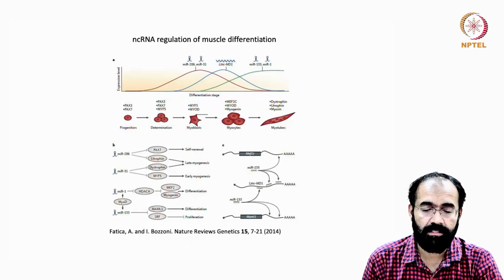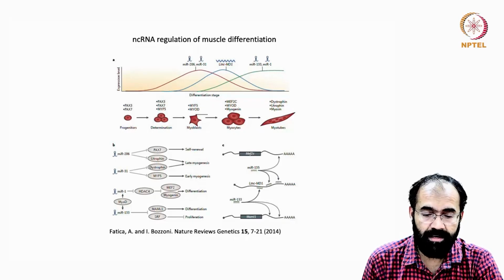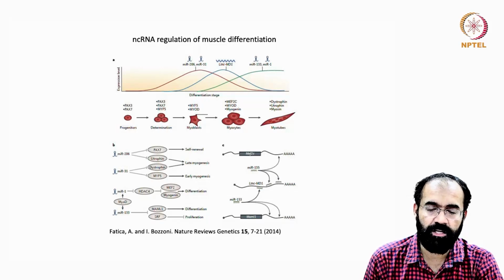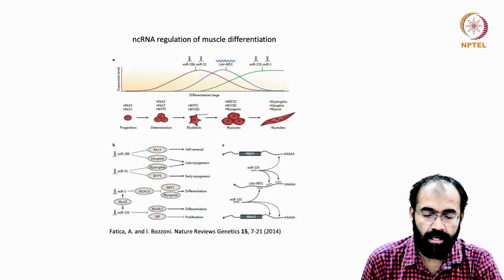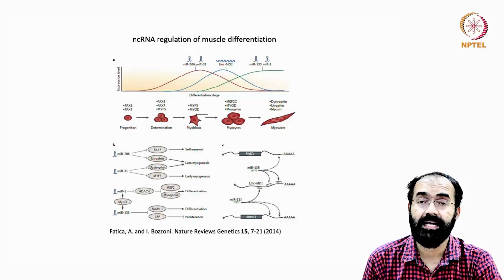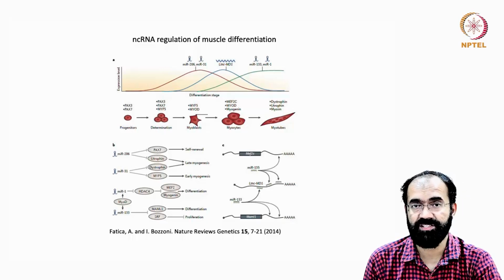So the non-coding RNAs, when they are expressed, can influence the expression of, like here you are seeing MEF2C, and this is a non-coding RNA MIR155, and then LNC MD1 and also MIR133. So they can influence the expression pattern of a lot of muscle specific genes.